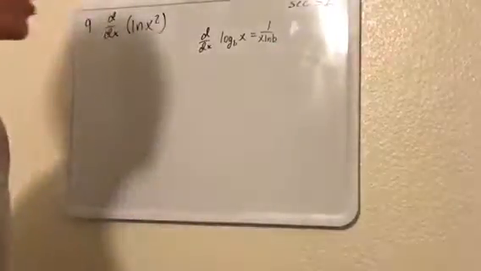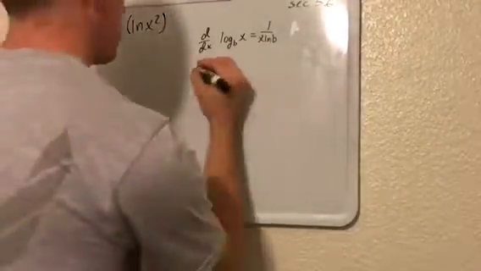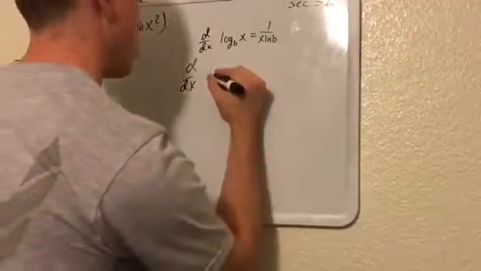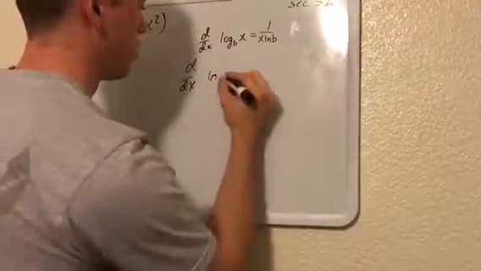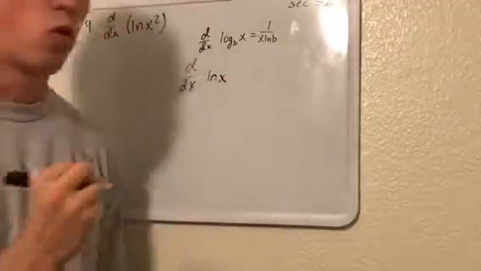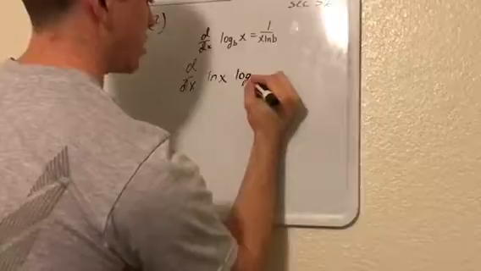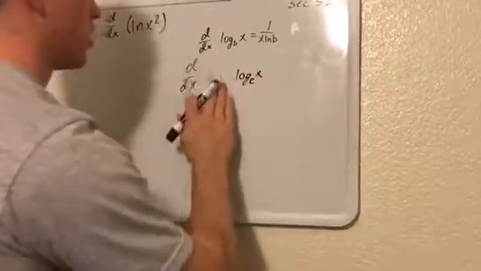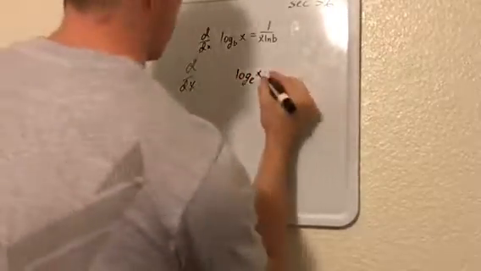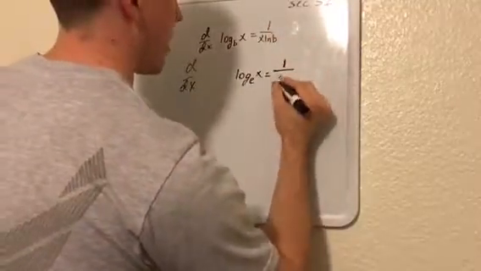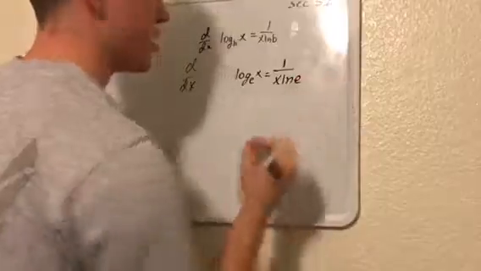Now, there's a special case scenario in which you have the derivative with respect to x of the natural log of x, or this is also known as log base e of x. So we'll call it that for now. So when we throw this into this formula right here, your derivative is going to be 1 over x times natural log of e.